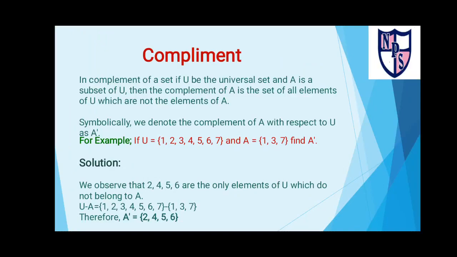For example, if we have a set U which is the universal set with elements 1, 2, 3, 4, 5, 6 and 7, and A is a set with elements 1, 3 and 7, and we have to find the complement of A. Here we observe that 2, 4, 5, 6 are the elements that are only present in the universal set, and the other 3, 1 and 7 are common.